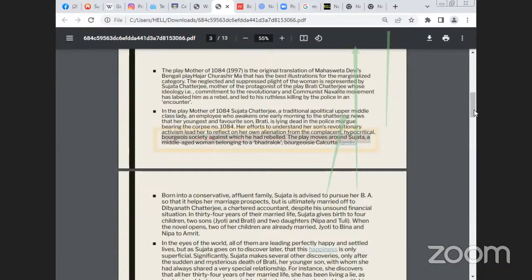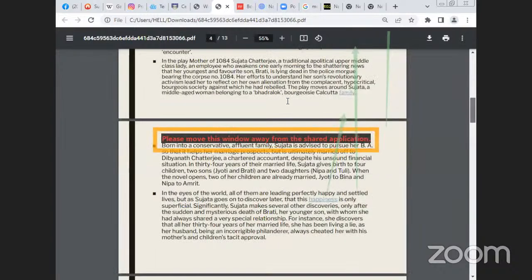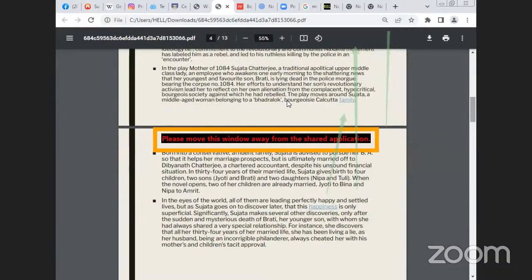Not if it is not okay, it's a problem from your side, madam. Sir, please stop annotating.